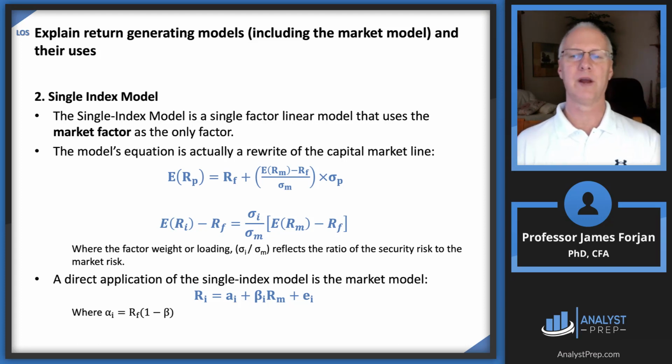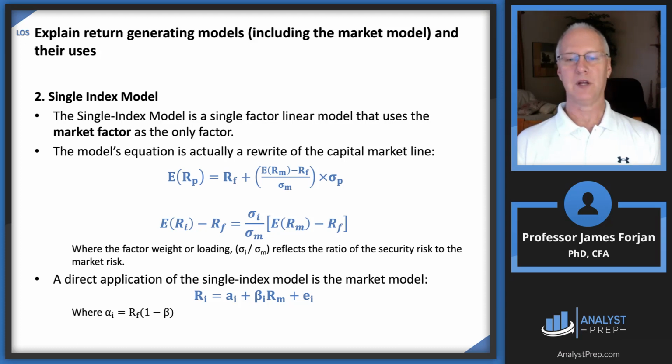If I take the risk-free rate to the other side, and do a little algebra, I'm going to take the ratio between the standard deviation of our portfolio I, or our individual security I, divided by the standard deviation of the market portfolio, and I'm going to call that a factor weight or a factor load. And that's going to reflect the ratio of the individual risk of our asset versus the market risk that's out there.